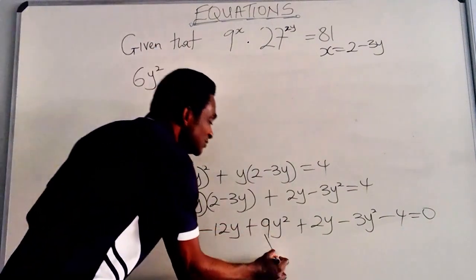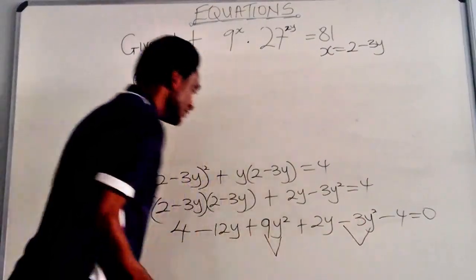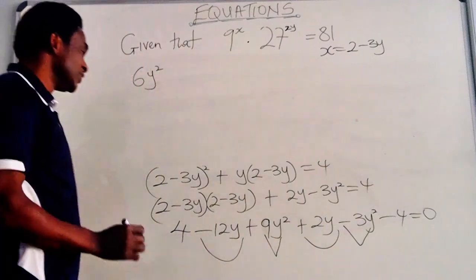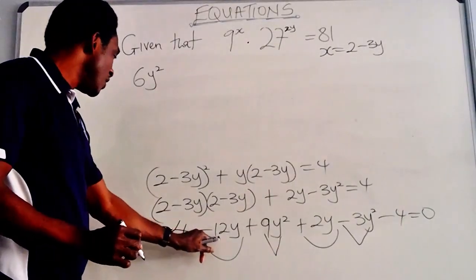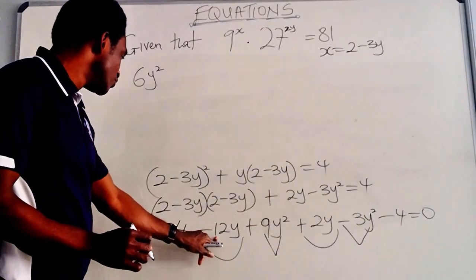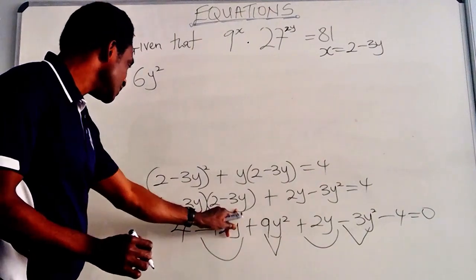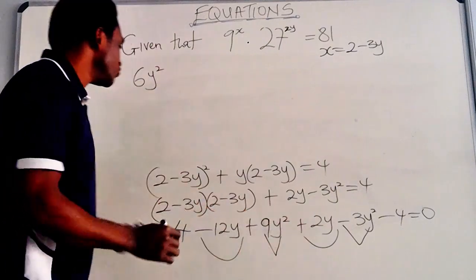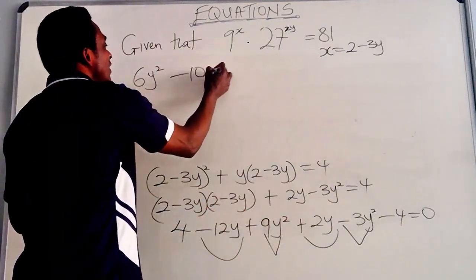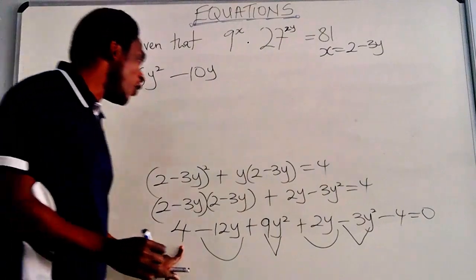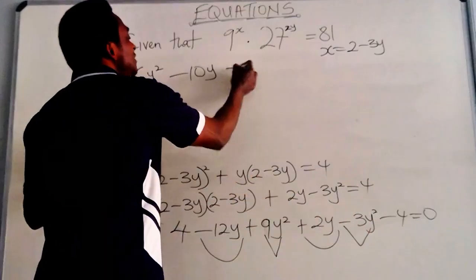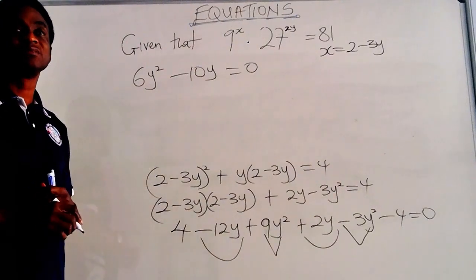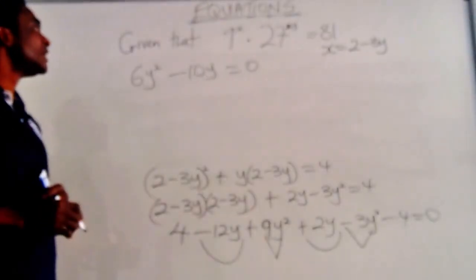If we collect like terms, minus 6y minus 12y plus 2y will give us minus 10y. Then 4 minus 4 is 0. So this is the expression we ended up with.